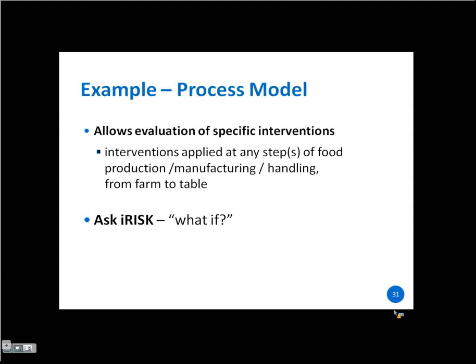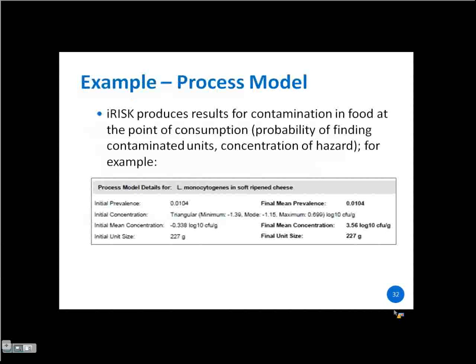There are intermediate outputs in iRISK, like what we see in this example for Listeria in soft cheese. And users can evaluate the effect of what-if control measures on the predicted contamination in finished product, for example, Listeria prevalence and levels in soft cheese. But perhaps of greater value, we think, is that iRISK enables the user to quantify the effect of intervention and control measure on the risk to the population.